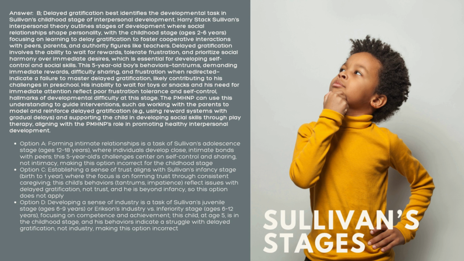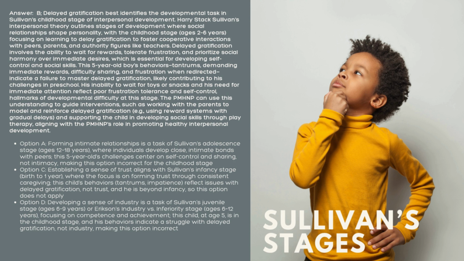So let's remind ourselves of Sullivan's interpersonal theory. This hypothesizes that personality develops through social interactions across distinct stages, with each stage defined by a key developmental task. So in the childhood stage, 2 to 6 years, the primary task is learning delayed gratification, and that's going to include postponing immediate desires. So tolerating delays in rewards, right? Waiting for a turn to achieve a social goal.